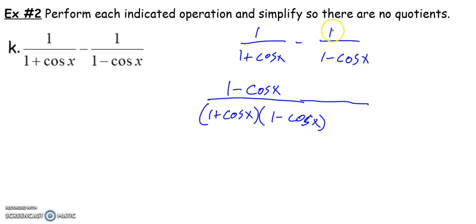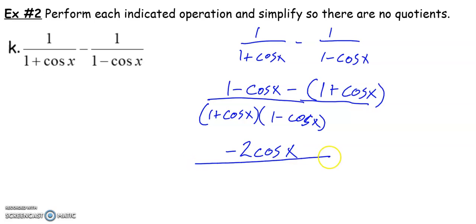This numerator, we're subtracting, 1 times 1 plus cosine x, which gives me 1 plus cosine x. We're going to distribute the negative through, so 1 minus 1 is 0. Negative cosine x minus cosine x gives me negative 2 cosine x.